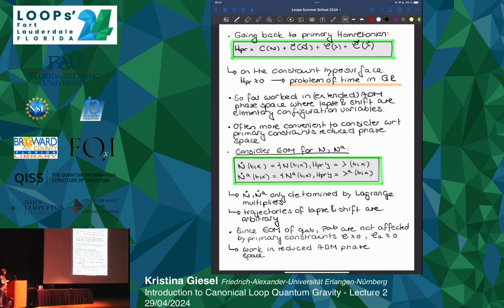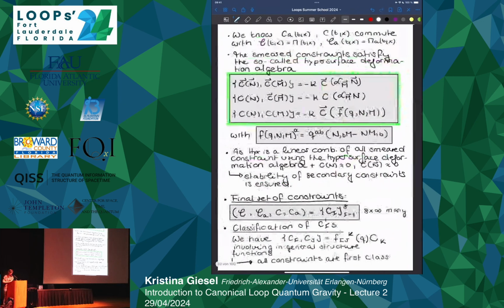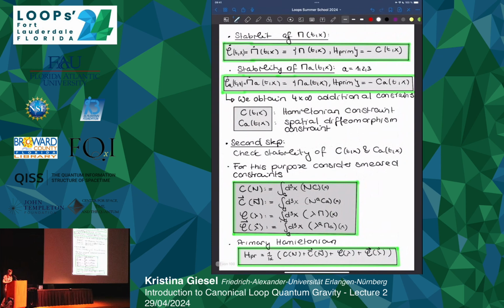But if we look at the equations of motion of lapse and shift, going back to the primary Hamiltonian, they will only speak to the momenta which are involved in these constraints here. And what we will obtain for the first derivative of lapse and shift are these Lagrange multipliers, which for a first-class system are arbitrary, so they are not fixed by your system.